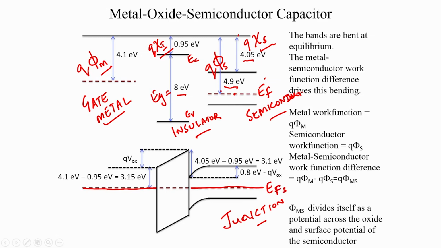And since there was some work function difference between the metal and the semiconductor, in order to align these 2 Fermi levels, there has to be some residual voltages, okay, because charge has been transferred, and in this case charge has been transferred from the metal to the semiconductor.